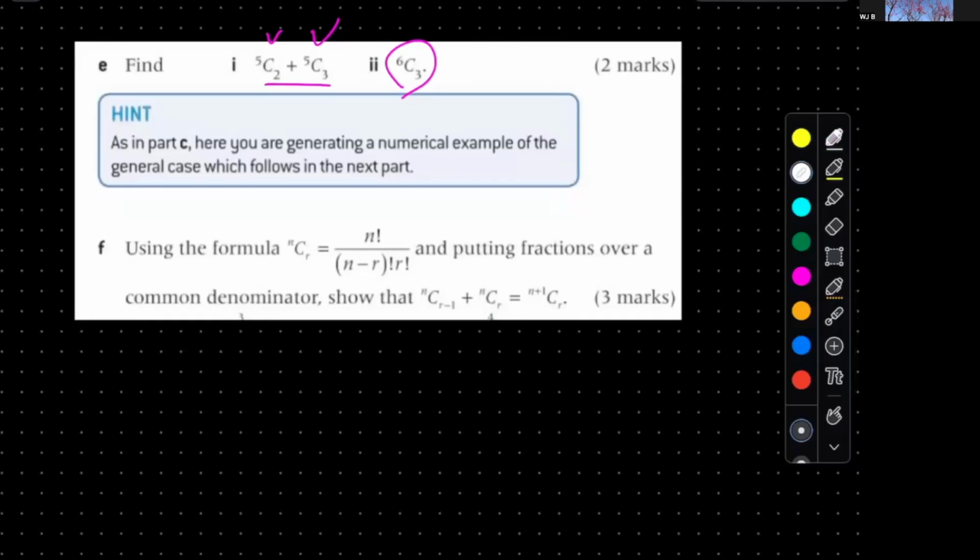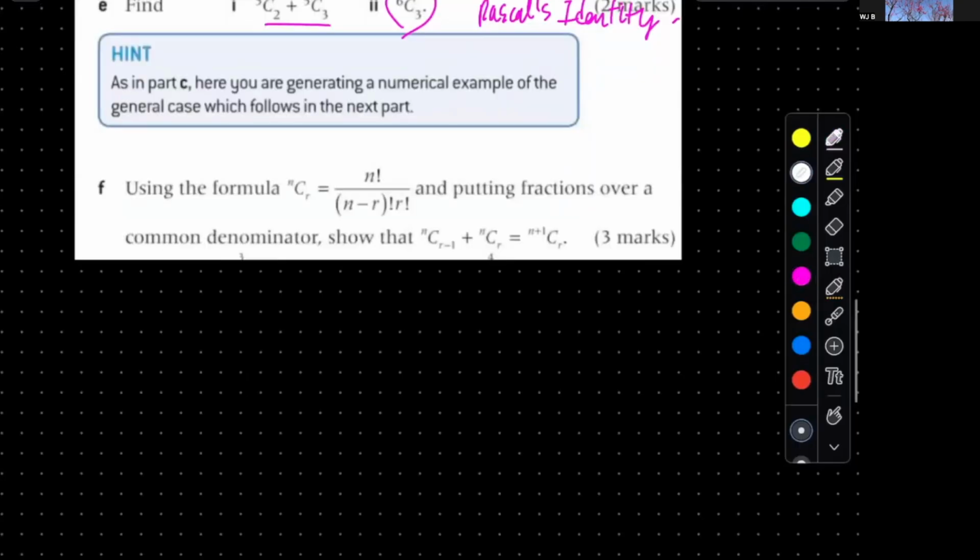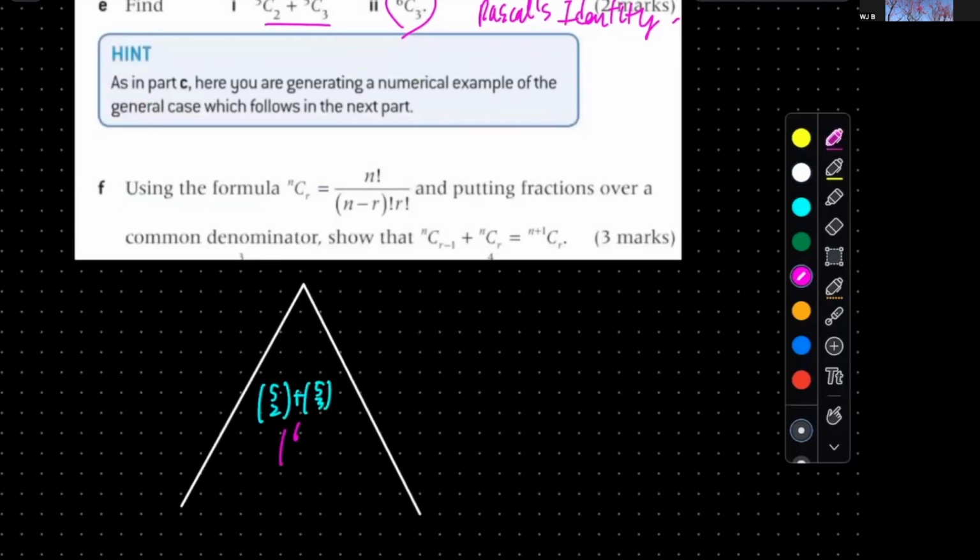The reason for doing so is because this induces something called Pascal's identity. That's another observation we can make on the Pascal's triangle. When we have 2 entries in a row, such as 5 choose 2 and 5 choose 3, if you add them, you move on to the next row, and that's going to be the same as 6 choose 3.